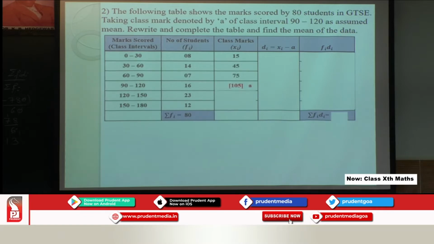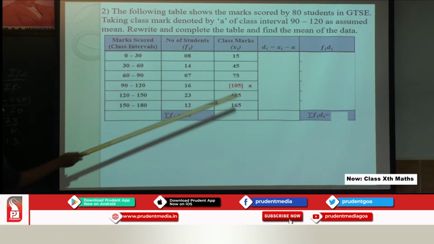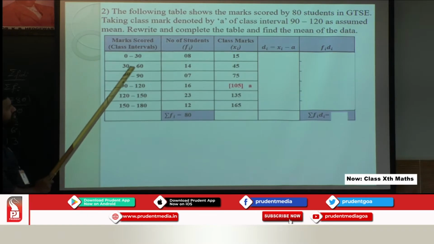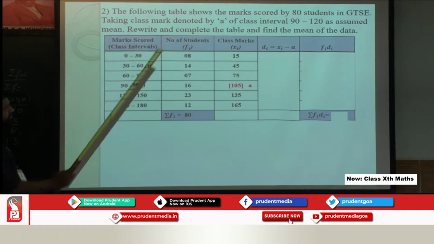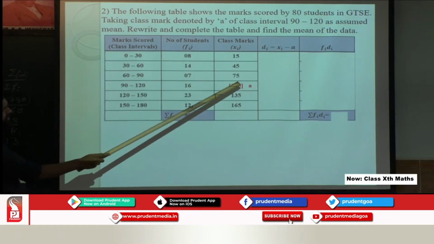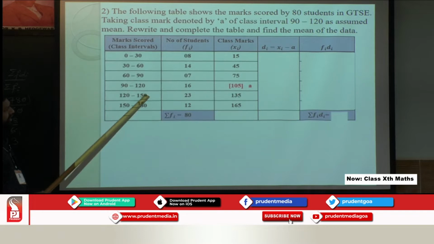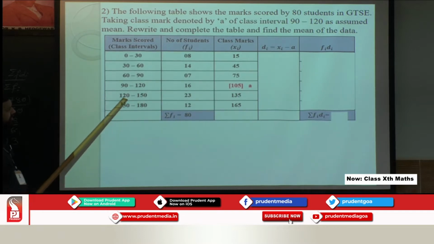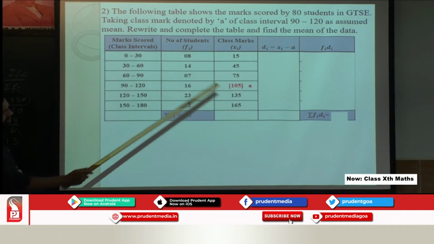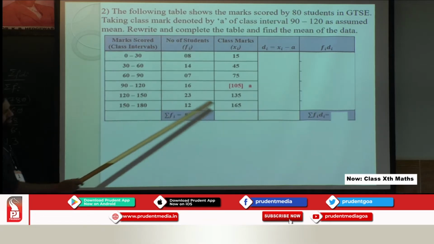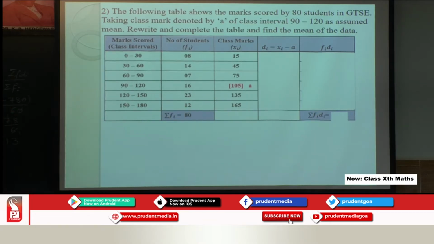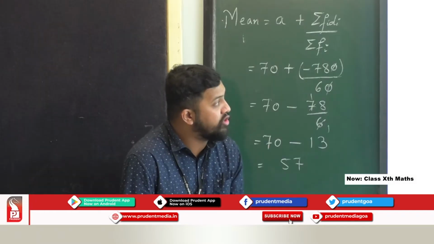You will get these as your xi: 15, 30 to 60 middle point 45, 60 to 90 is 75, 90 to 120 is 105, 120 to 150 is 135, and 150 to 180 is 165. I have marked one number there. It is 105. So 105 is the assumed mean.